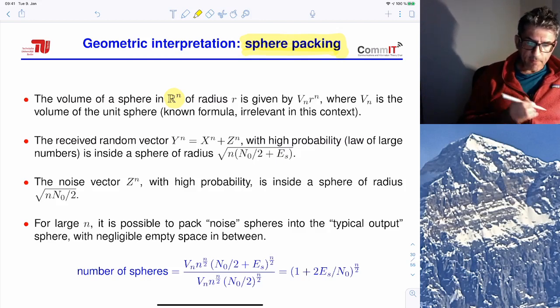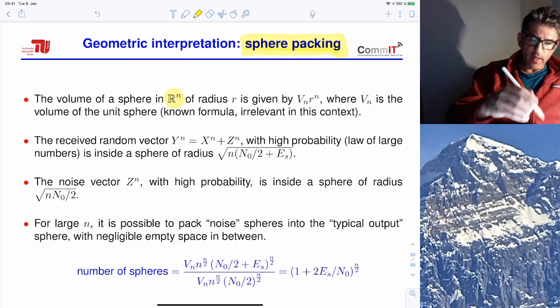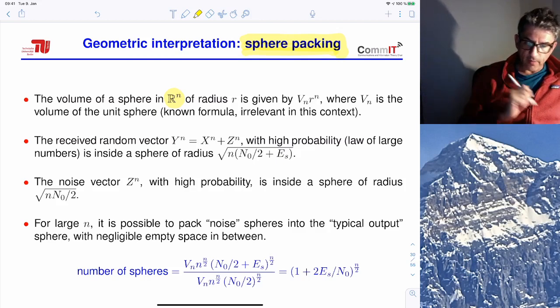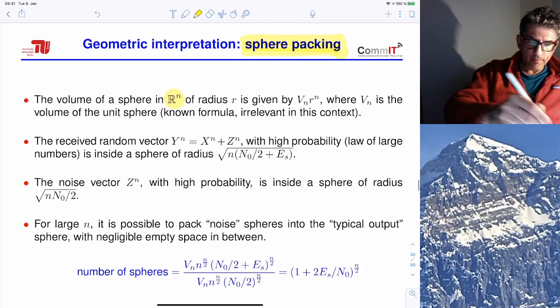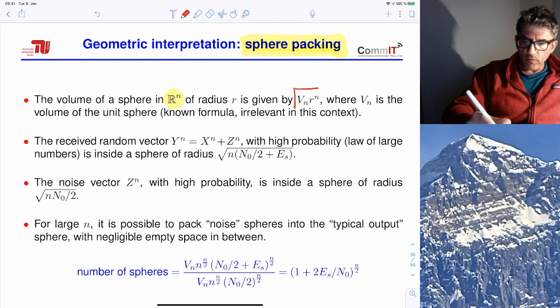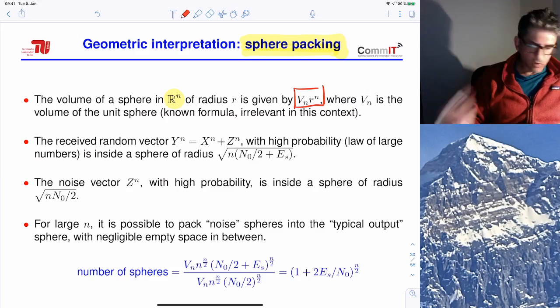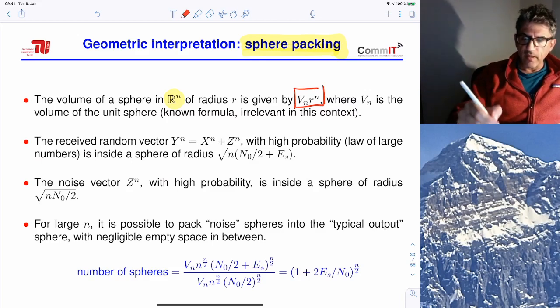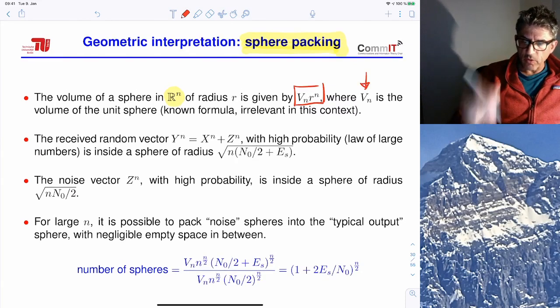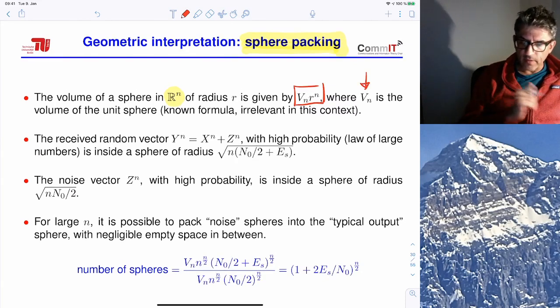And by the way, the volume of a sphere of radius r in Rn is given by Vn times r to the n, where Vn is the volume of the unit sphere in n dimensions. You can also find the explicit expression of this on Wikipedia. I used to know it by heart, but in this context it is irrelevant because it's going to simplify.